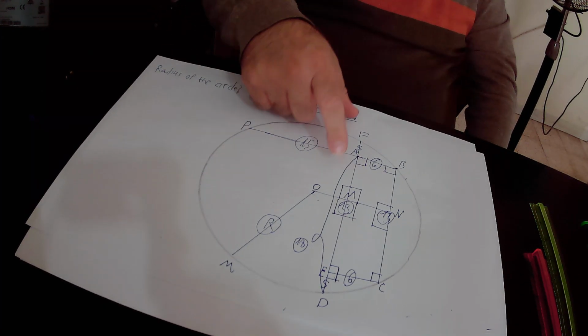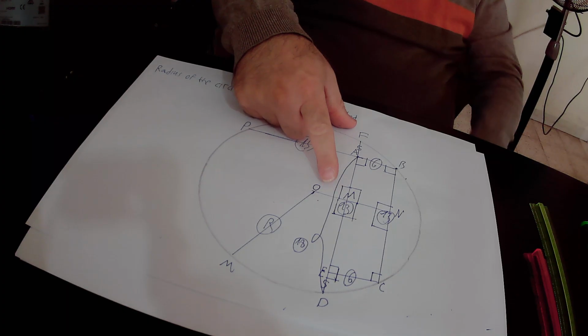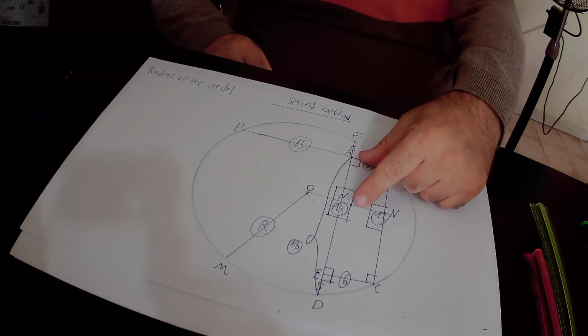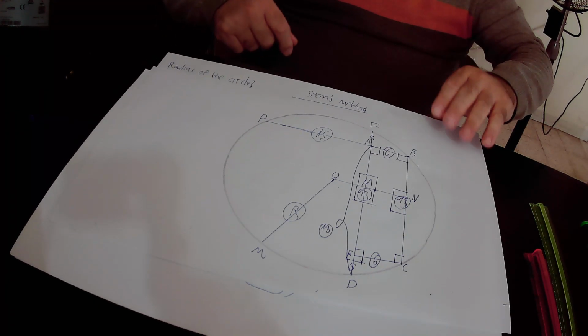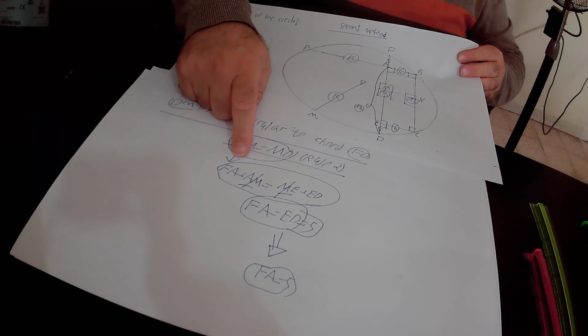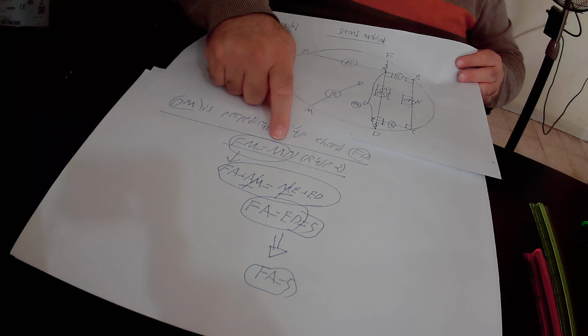But FM is equal to FA plus AM. FA plus AM equals FM. So we can substitute FM by FA plus AM, and it is equal to MD.